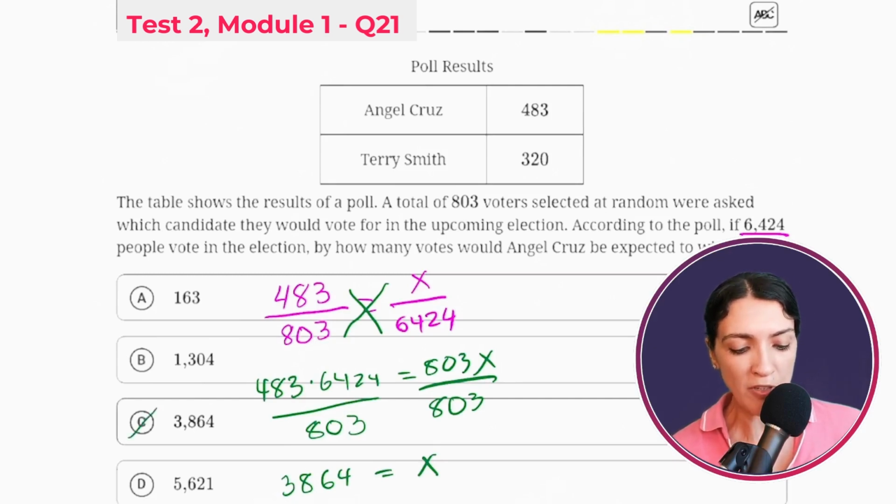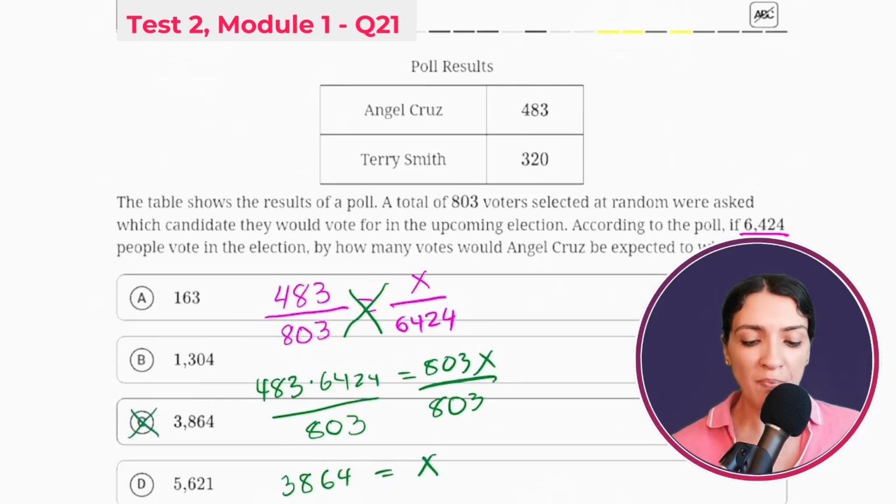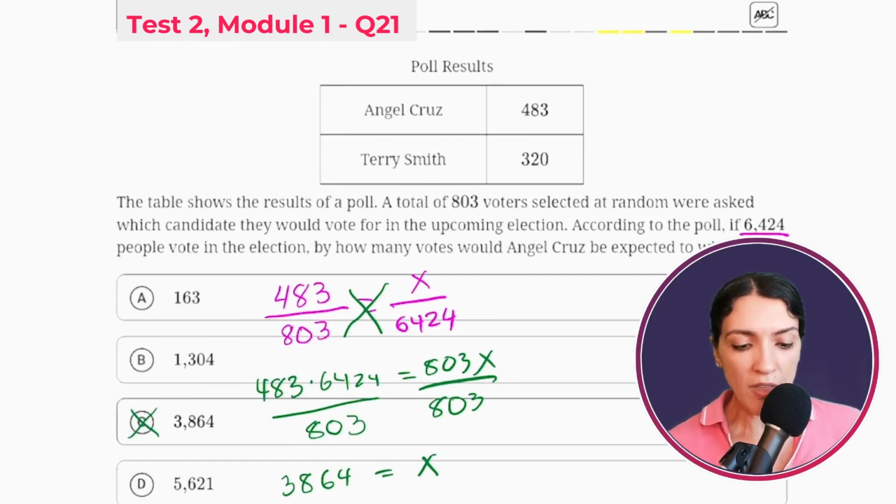This is a trap choice from our beloved test makers. We need to find out also how many votes Terry would win. So for that, Terry, we could do this two ways. We could set up a new proportion, or we could subtract 3,864 from 6,424.